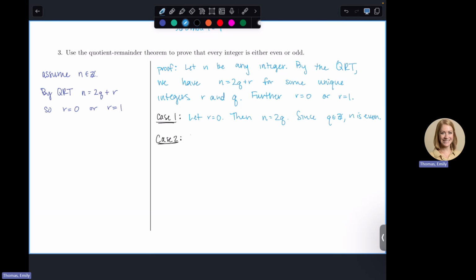Case 2, we are going to let r equal 1. Then n is equal to 2q plus 1. Since q is an integer, n is odd.